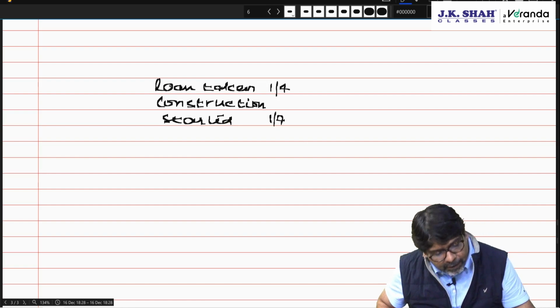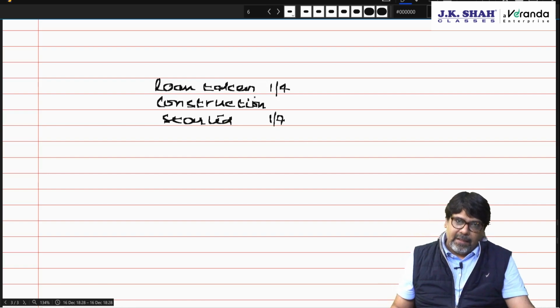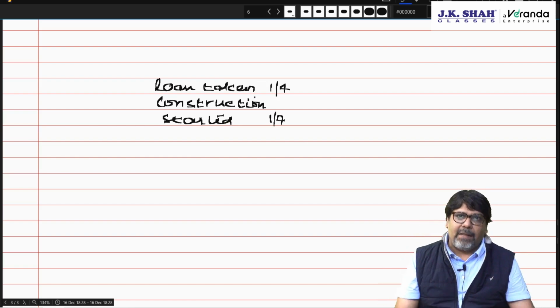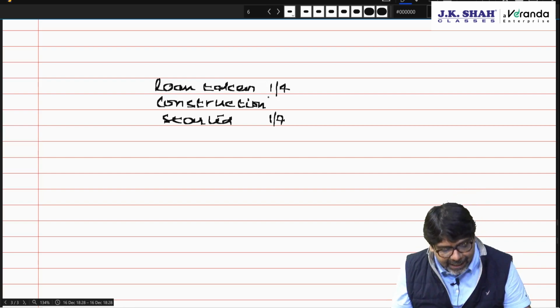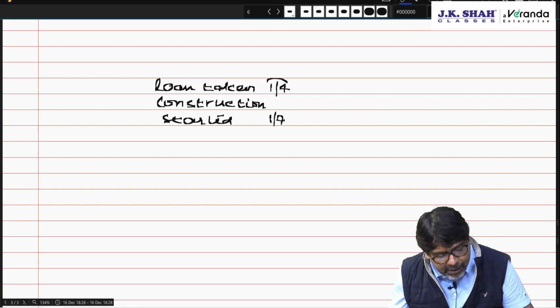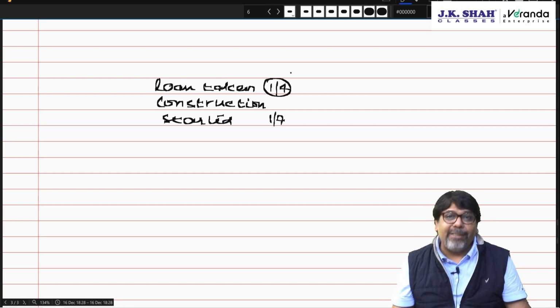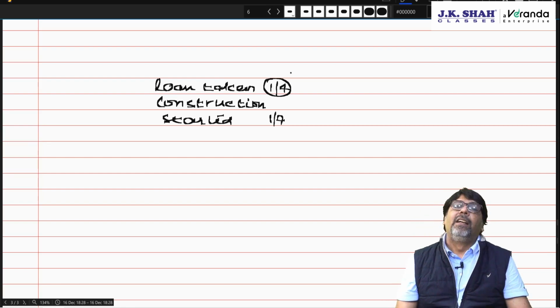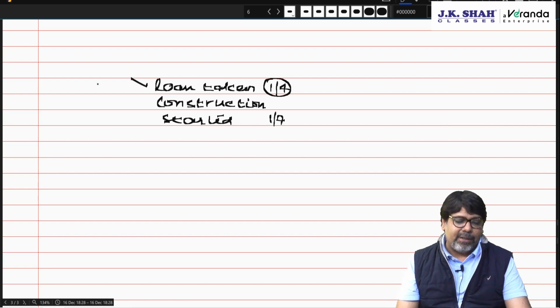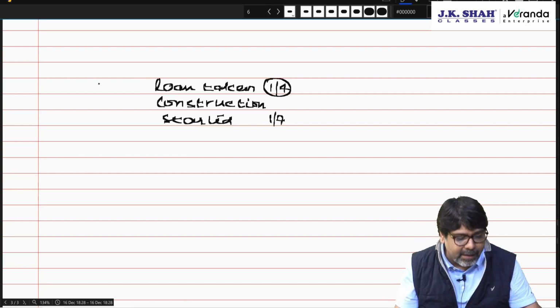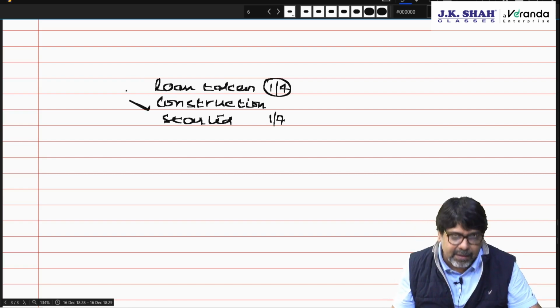So obviously for these 3 months, am I paying interest? Yes. But should it be capitalized to the asset? No, sir. Why? Because the construction did not start. Exactly. So I should not start capitalization from the date of loan taken, but I should start capitalization from the date when construction started.